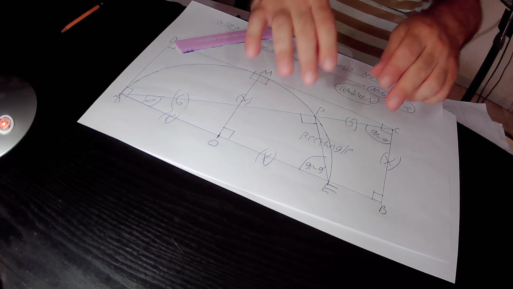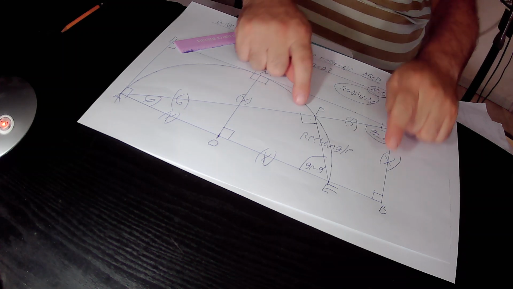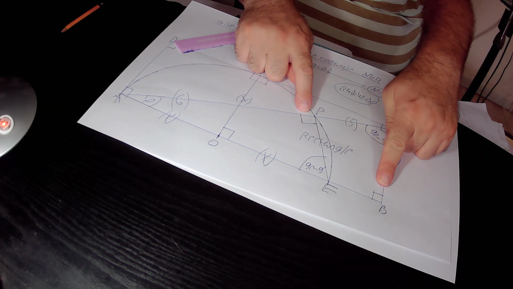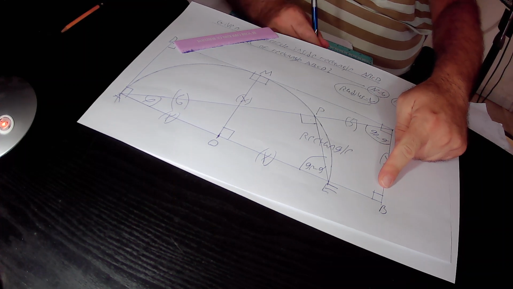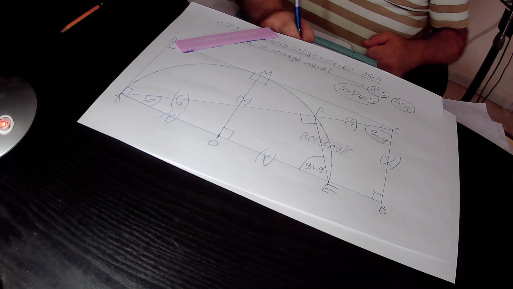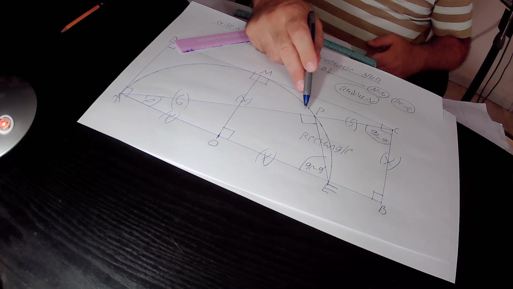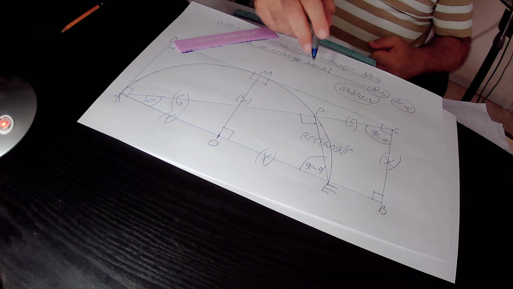So why are those two right triangles similar to each other? First of all, those two angles are both equal to 90 degrees, therefore they are equal to each other. So actually this is angle ABC in the right triangle ABC, and it is equal to this angle, that is actually angle APE in the right small triangle APE.